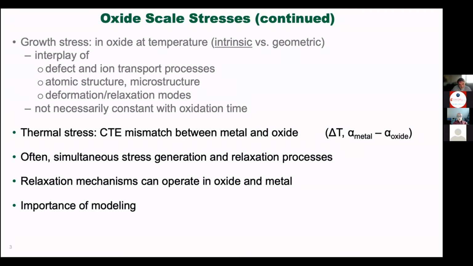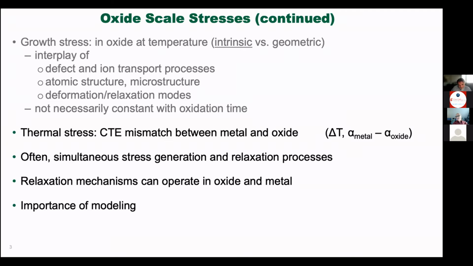Now, the other point I want to make up front, and it will come back several times during this presentation, is that often you have stress generation and relaxation simultaneously. They don't necessarily occur independent of each other, and the relaxation mechanisms can operate both in the oxide and in the metal when the stresses are sufficiently high.